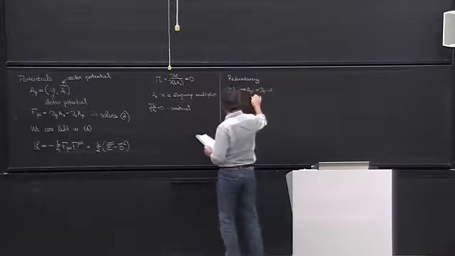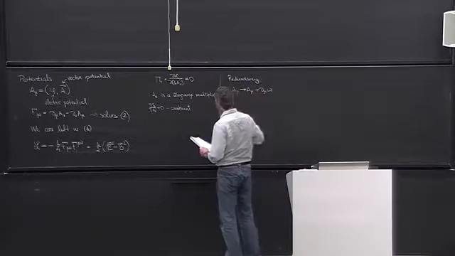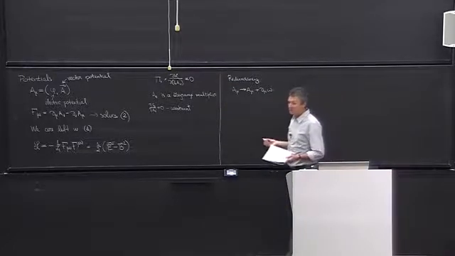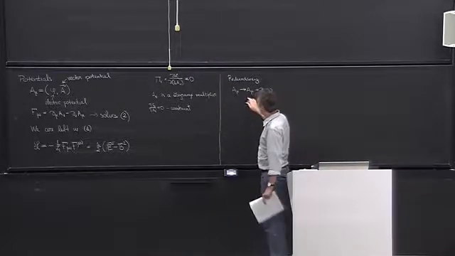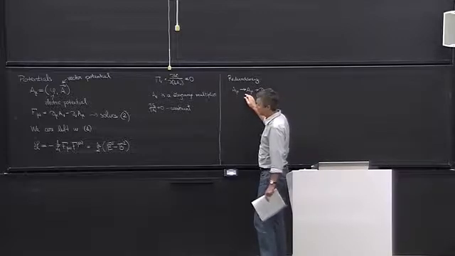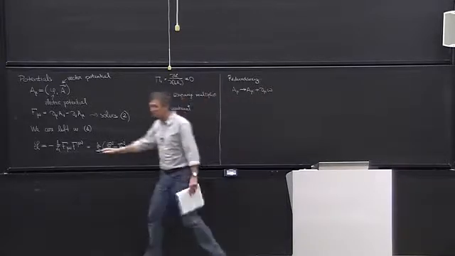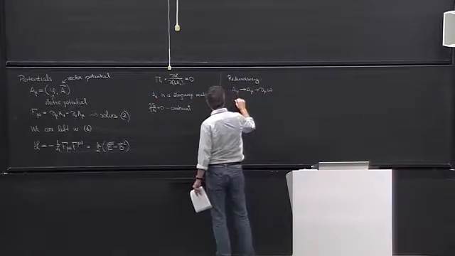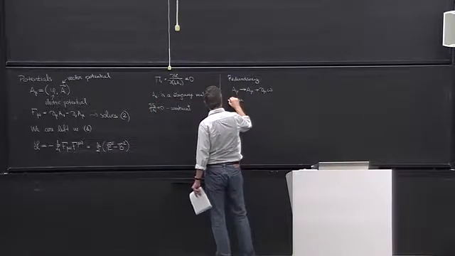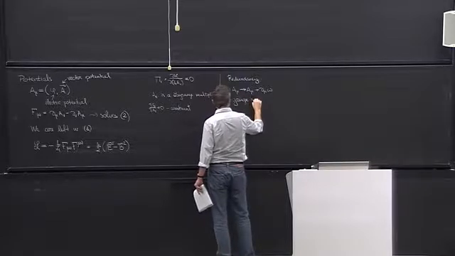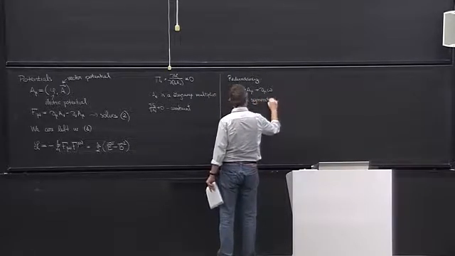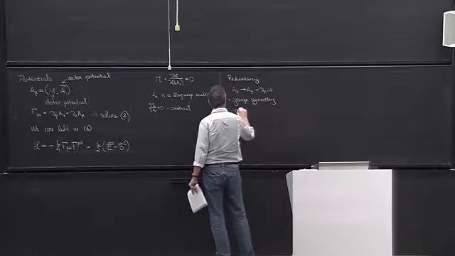This redundancy, well, we can call it a symmetry if you wish. Because this is a transformation under which the Lagrangian is invariant. So this symmetry is called the gauge symmetry, or gradient symmetry.